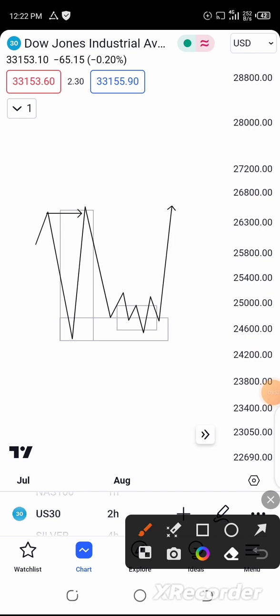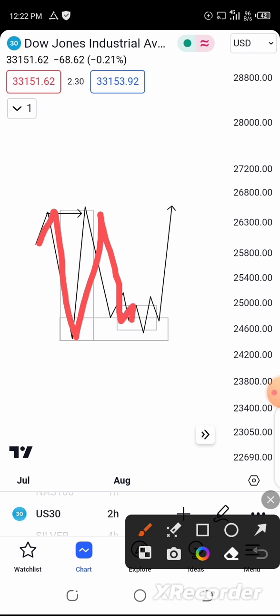So let's say, for instance, price creates a high, then it creates a new low. Then price breaks that high, creating a new high, right? Then price comes back to the supply and demand zone that's responsible for the break of structure, right?